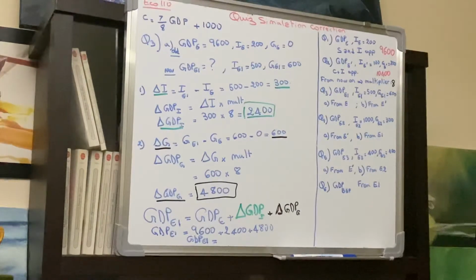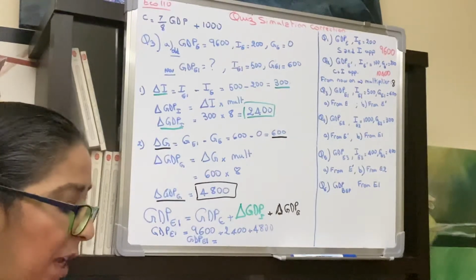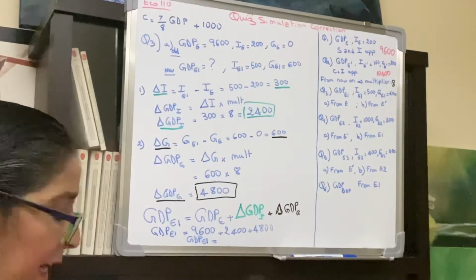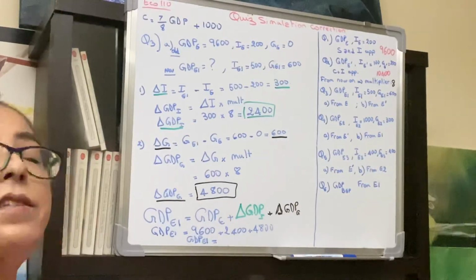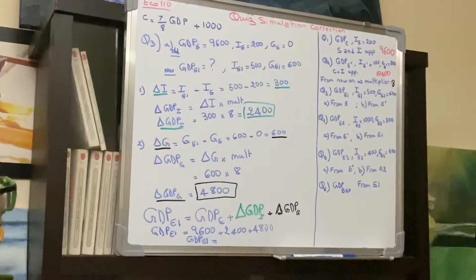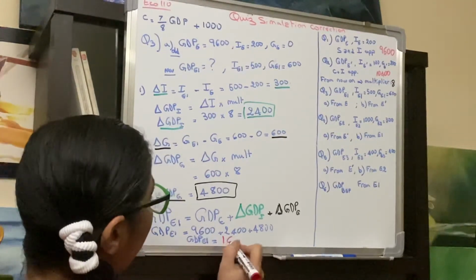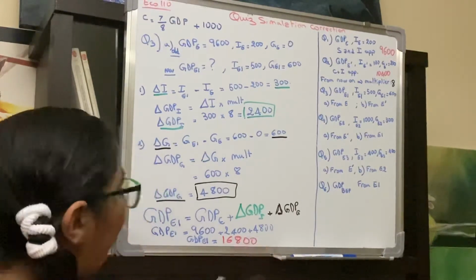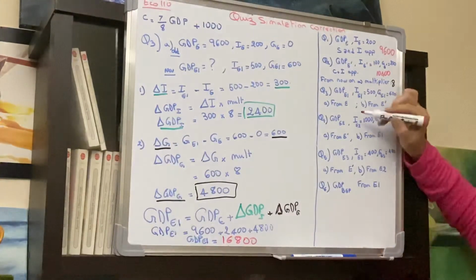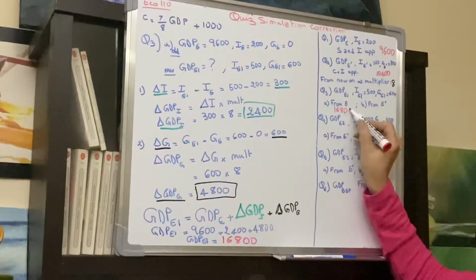So GDP is equal to, let me just calculate. 9,600 plus 2,400 plus 4,800 is equal to 16,800. That's your new GDP. 16,800. And I need to write it over there because I'm going to need it again.